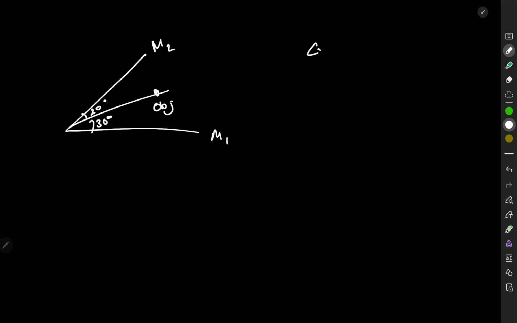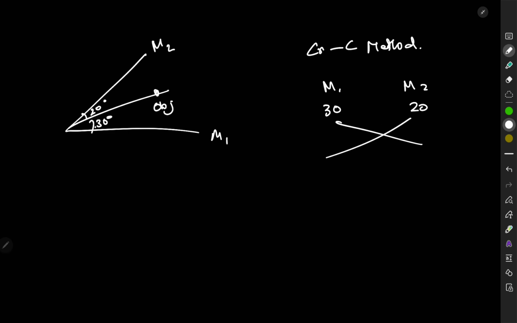Let's say there is an object placed, mirror 1, mirror 2, crisscross method, mirror 1, mirror 2, and this is given as 30, and this is given as 20. 30 plus 20, 60 plus 20, 30 plus 40.